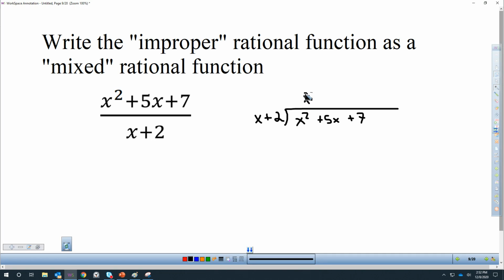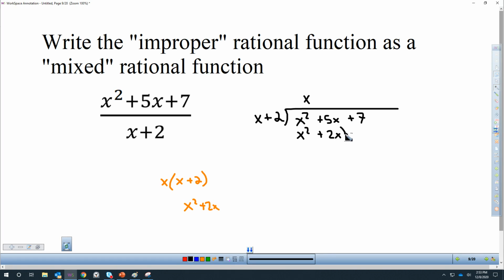Okay, so then I multiply this whole thing by x. So let's do that over here. x times x plus 2. Distribute that, you're going to get x squared plus 2x. That is what I'm going to put right here. x squared plus 2x.